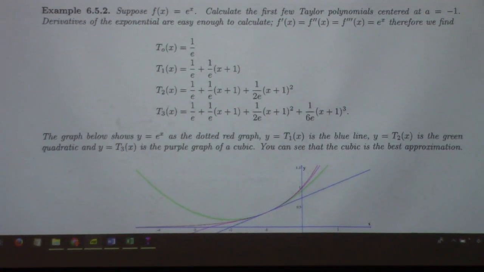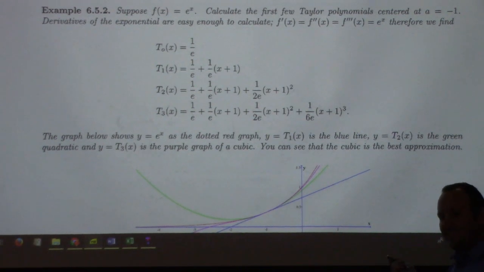f of x equals e to the x, all right? So I can calculate the 0th, 1st, 2nd, and 3rd Taylor polynomials for e to the x centered at -1. So f of -1 is 1 over e, right? e to the -1 is 1 over e. What's the derivative of e to the x for arbitrary order? e to the x, right?